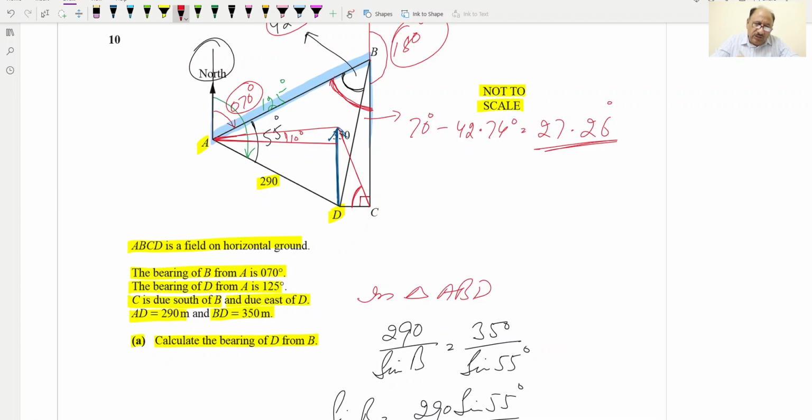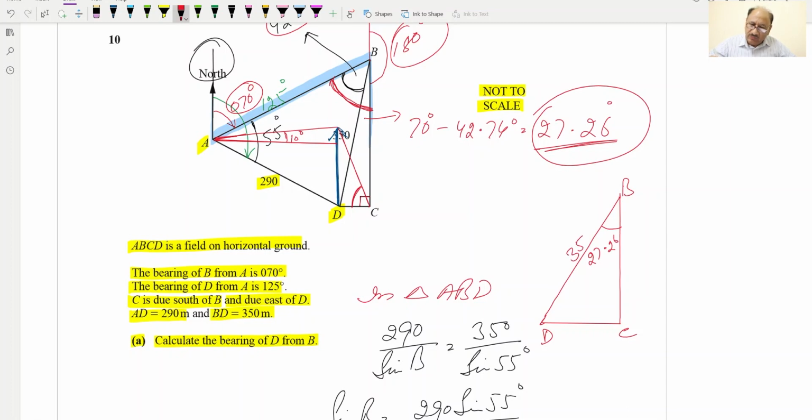We know DB is 350 and the angle is 27.26. So I will draw this triangle over here, and we can understand it separately. This is point B, this is C, and this is D, and this angle is 20. I'm drawing a bigger triangle so that you can understand. This is 27.26, and the DB side which is given is 350.